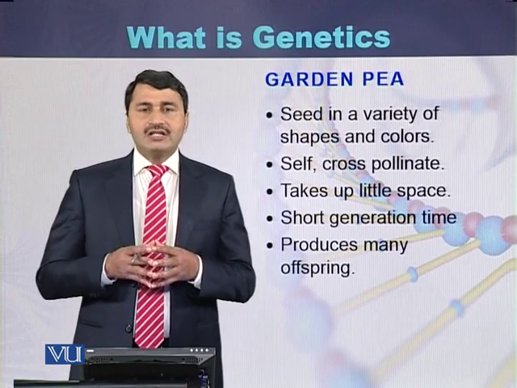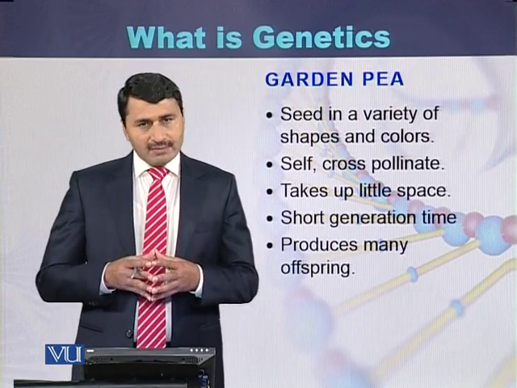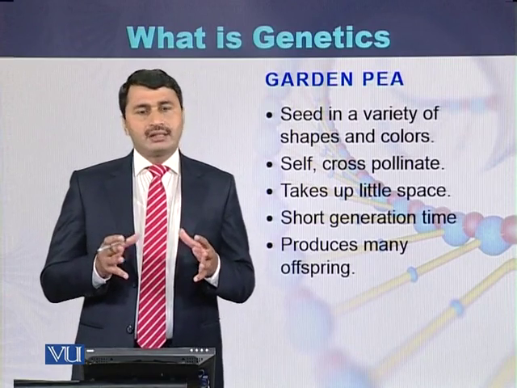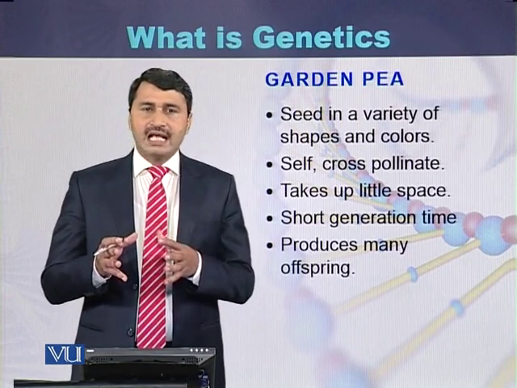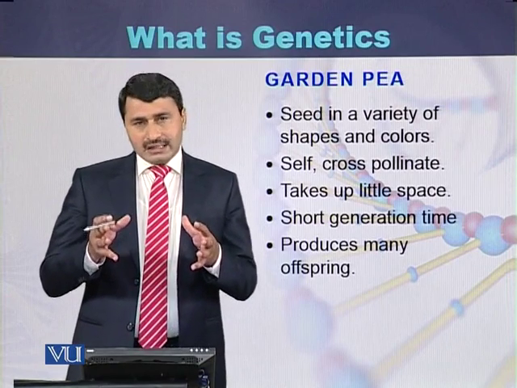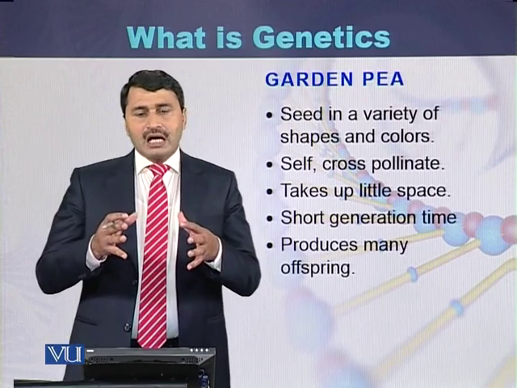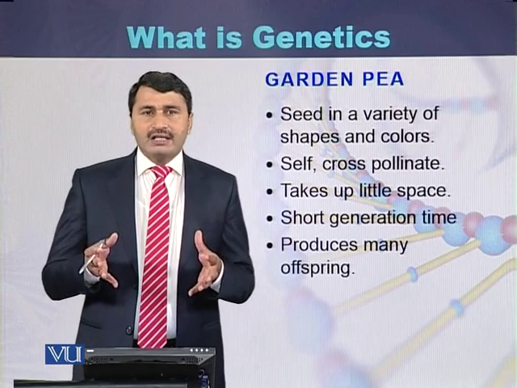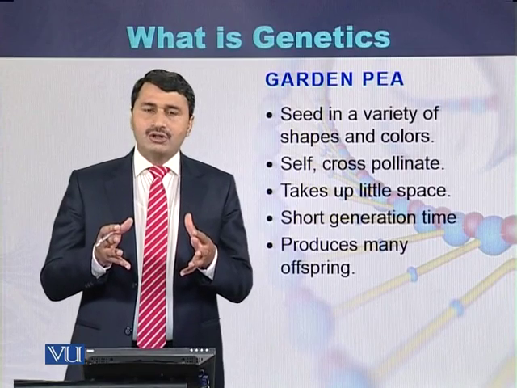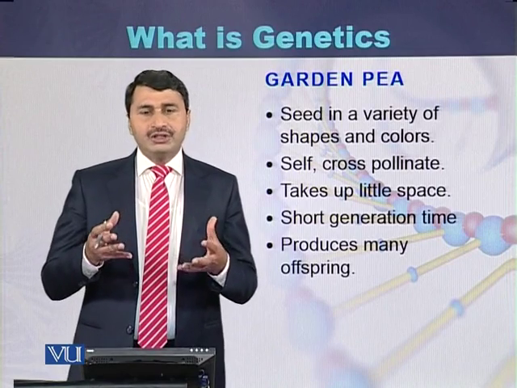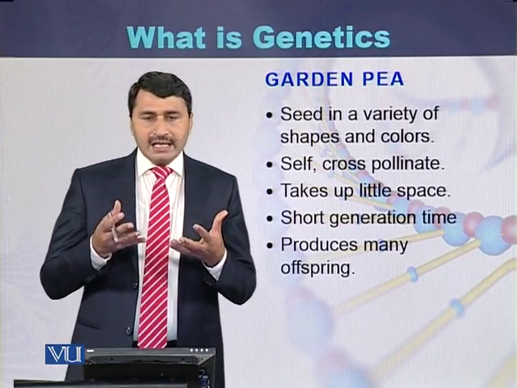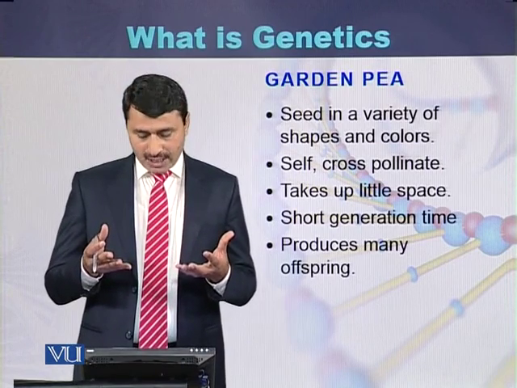The seed of the garden pea is available in many varieties. Usually this plant self-pollinates as well as cross-pollinates. This plant takes little space, meaning one can grow it within a small space. It has a short generation time: within 2 to 3 months one can grow it and get its seeds.